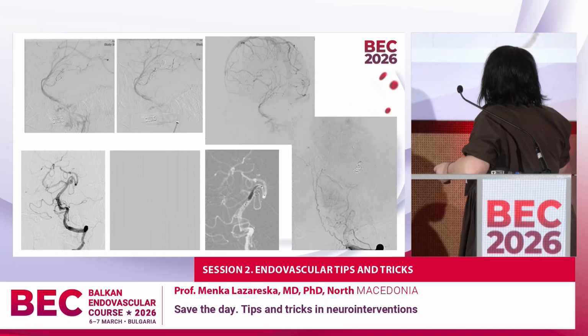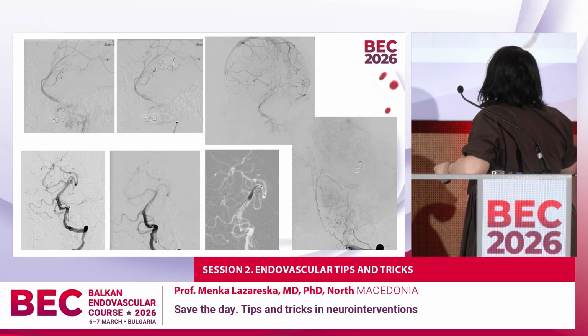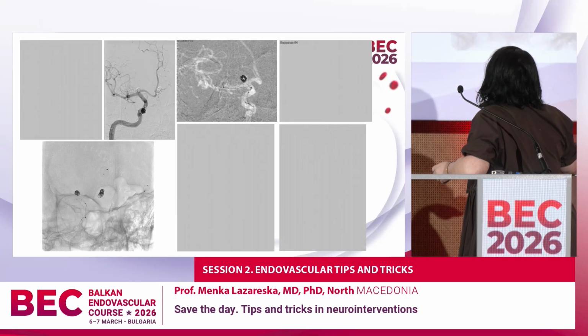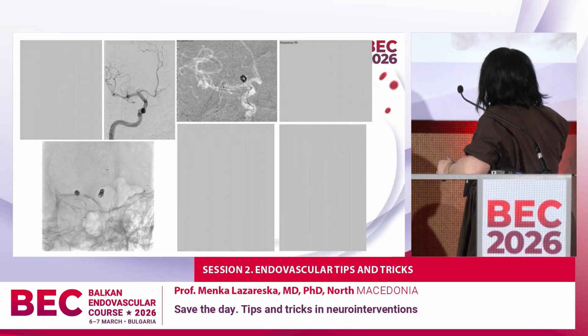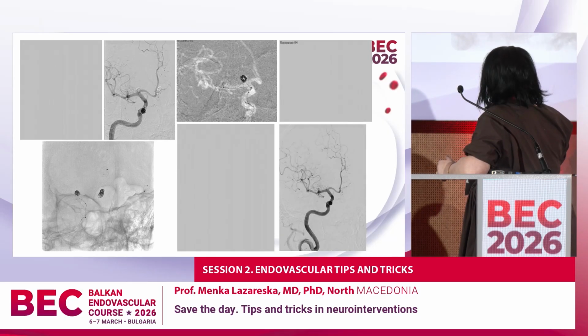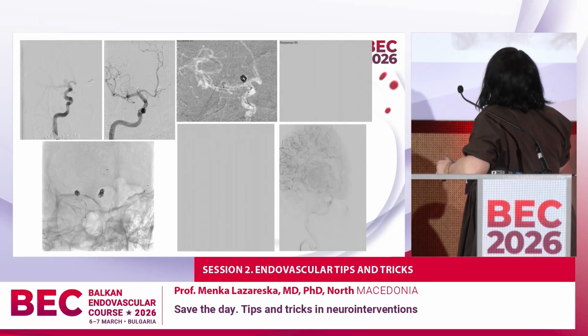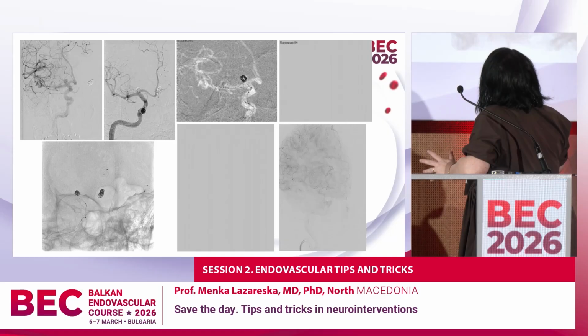From the same patient, the third aneurysm that was done with balloon-assisted coiling, and here nothing special in that aneurysm, but this is in the second session, the third aneurysm, fourth aneurysm that we treated, and we were planning to put a WEB here, but the device that we had on the shelf was bigger, and we decided to go stent-assisted coiling.